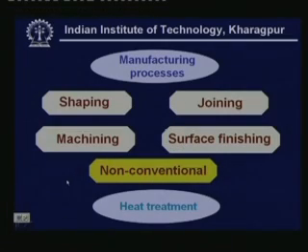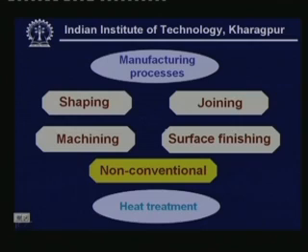The next one we can think of is that there are several manufacturing processes one should know about. Although I am not going into very much detail, I will just go through them quickly to give you some ideas of the manufacturing processes. The manufacturing processes could be, say, shaping, joining, machining, surface finishing and some non-conventional machining ideas.